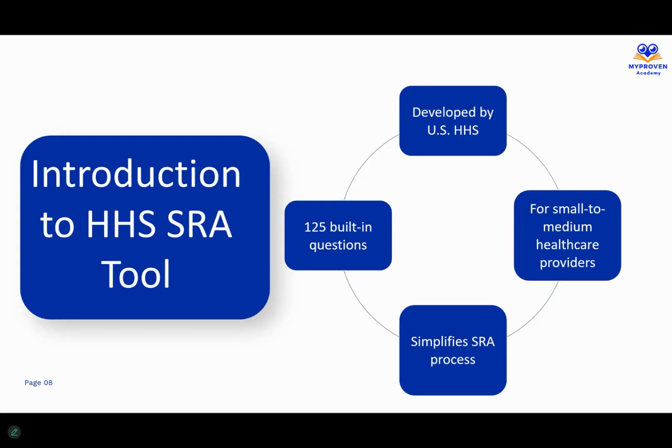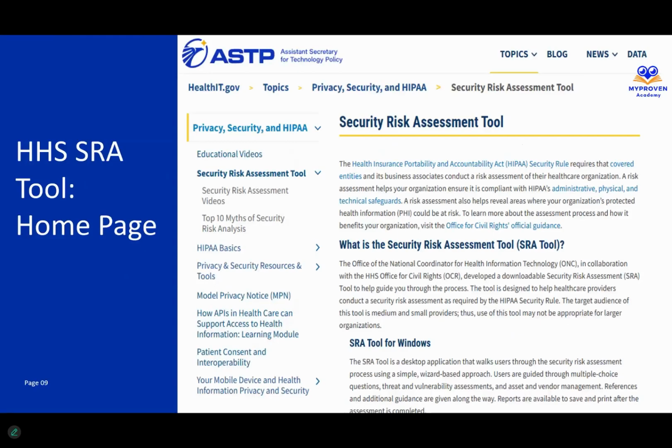So let me show you what it looks like when you open that tool. But first, when you go to their website, this is what the website looks like. On this website, you'll be able to download the SRA toolkit.